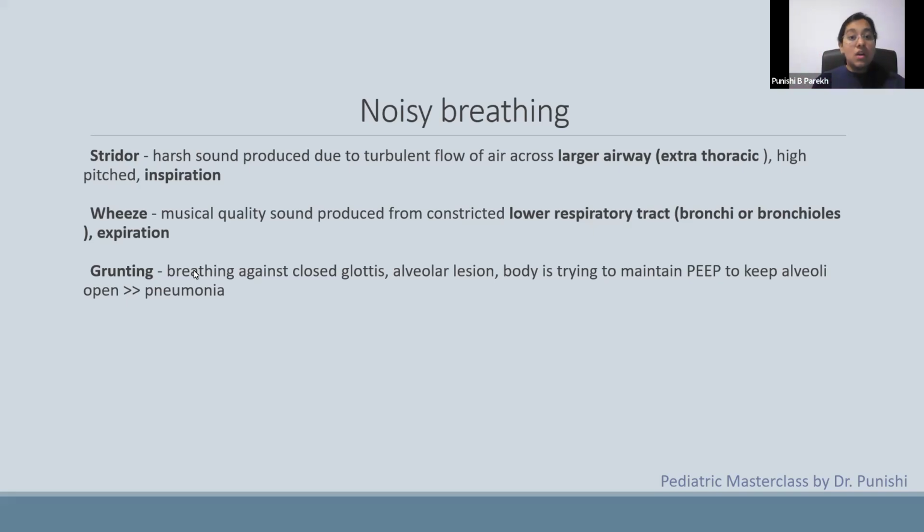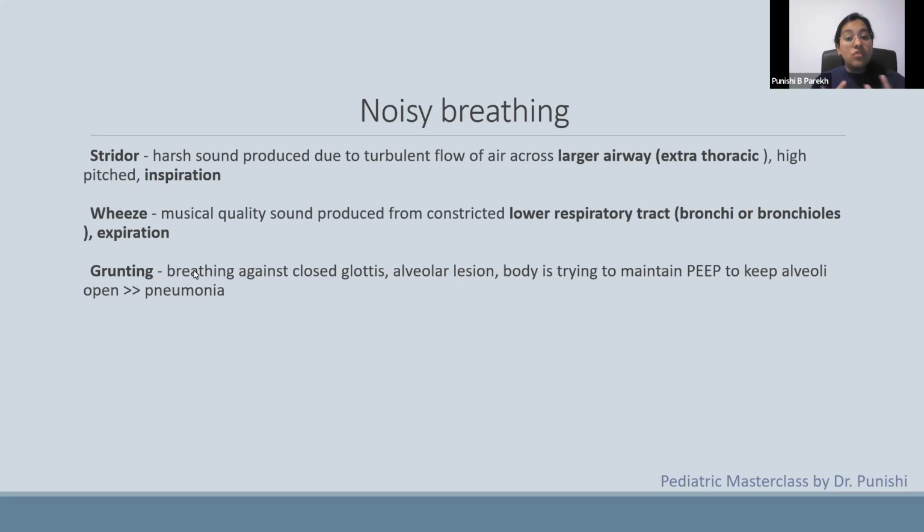Another important sound that we should be aware of is grunting. What exactly is it? It is when the child is breathing against a closed glottis. What does grunting signify? Basically, it's the attempt that the patient is making in order to keep the alveoli open. Otherwise, the alveoli will completely collapse and there'll be no exchange of air.